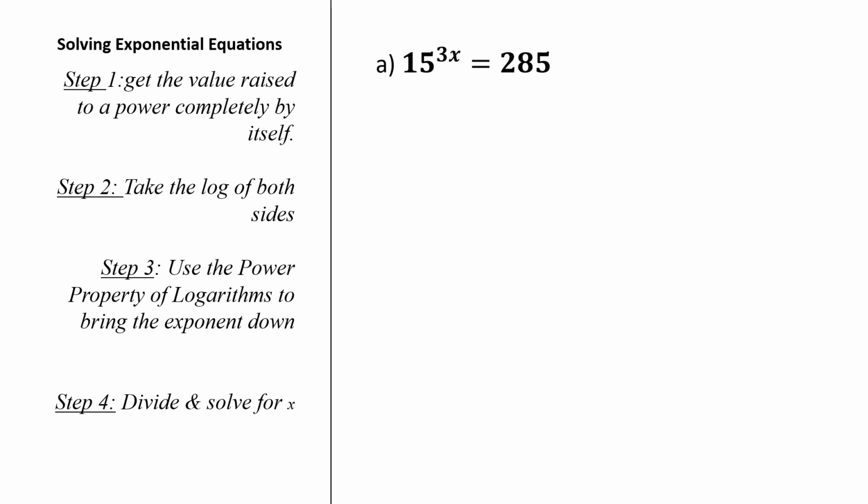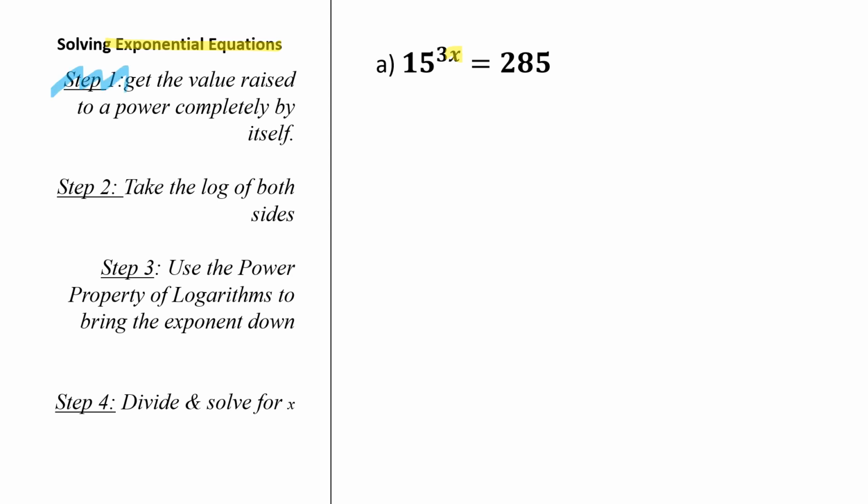Step 1, get the value raised to a power completely by itself. So I have 15 to the power of 3x equals 285. The reason this is an exponential equation is because the x is in the exponent spot, so solving is a little more complicated.